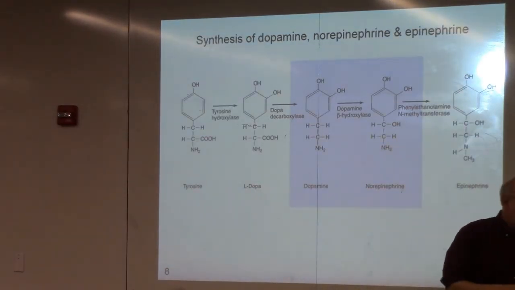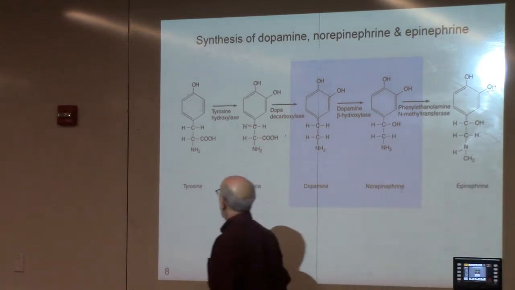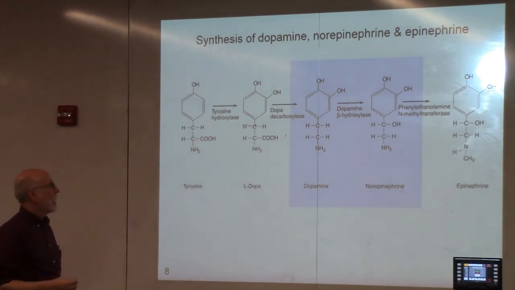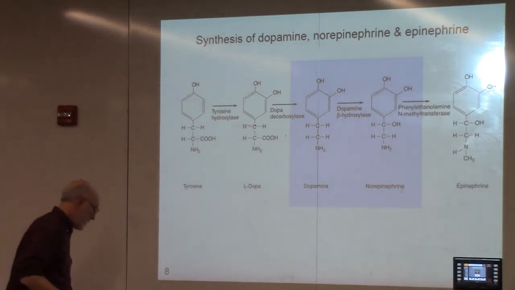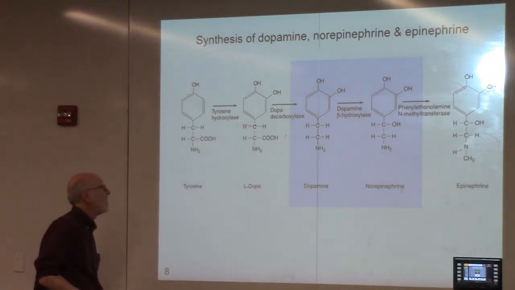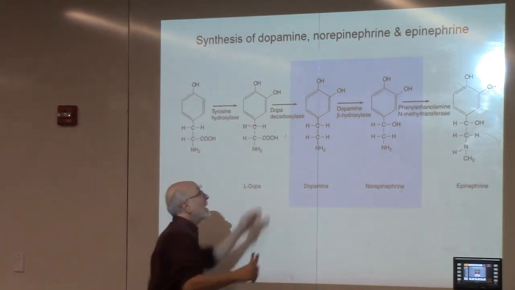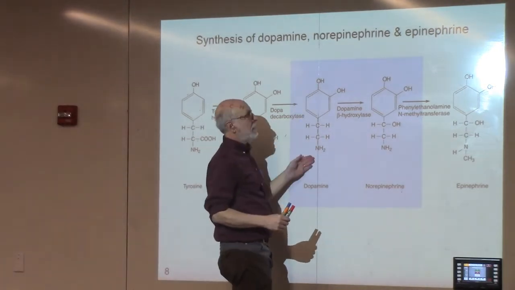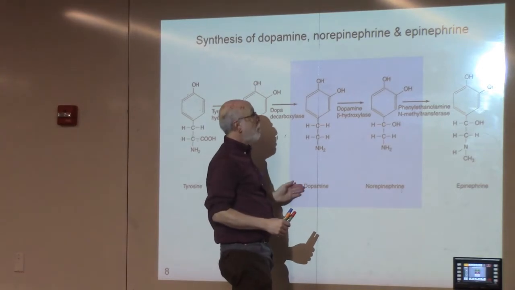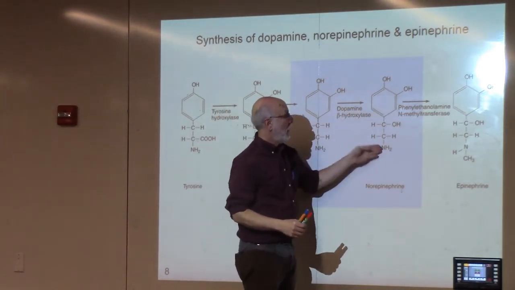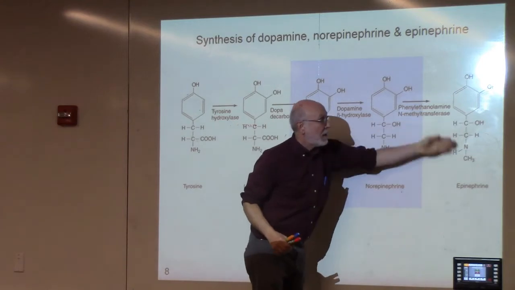I don't want you to know any chemistry of the catecholamines, except for the fact that you should, like I said, be able to recognize them. So here is tyrosine, but here is the catecholamine. So dopamine is a catecholamine, norepinephrine is a catecholamine, and epinephrine is a catecholamine.